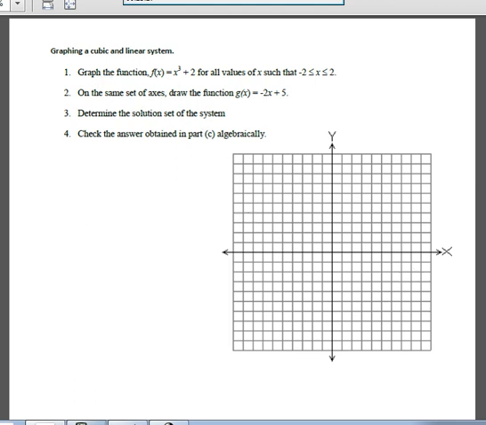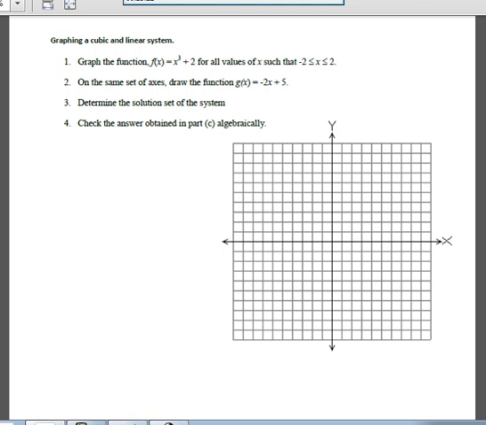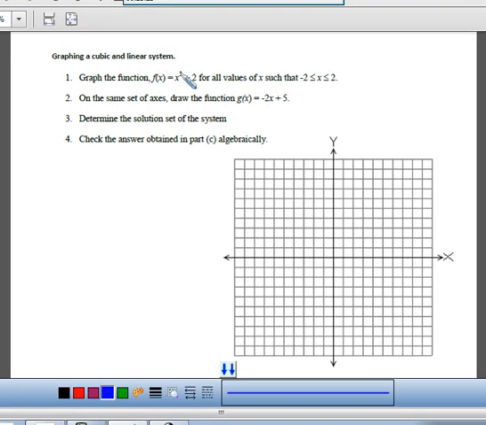Now we have a cubic and a linear. So this time we're going to be graphing this function, x cubed plus 2, and here's our domain again. I'm going to just help you with the setup, and I'll let you finish the graph on your own. So one table is going to be f of x equals x cubed plus 2.